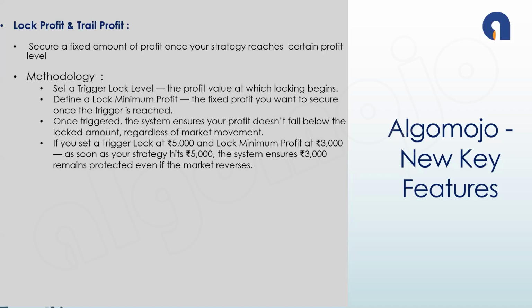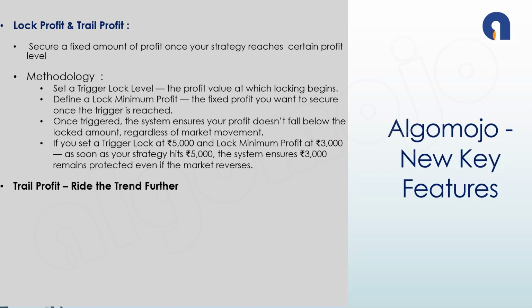So once 5,000 profit is reached, the system will trigger the minimum lock-in that you have set. It could be 2,000, it could be 3,000, 4,000, whatever you set. And whenever the system reverses, it will ensure that your position gets closed without the profit falling below 3,000. So pretty simple for people to lock in and maximize the profits.